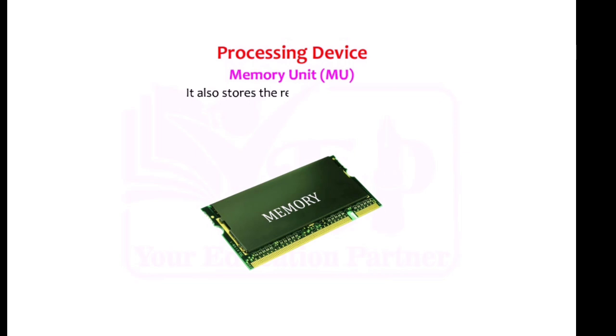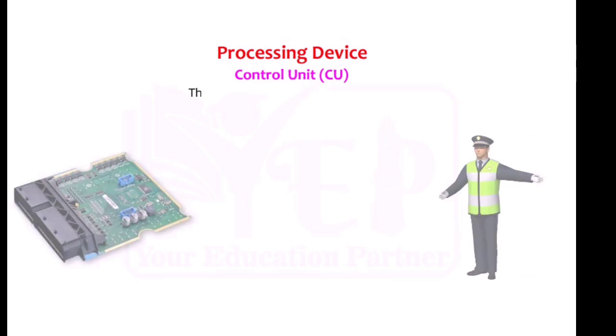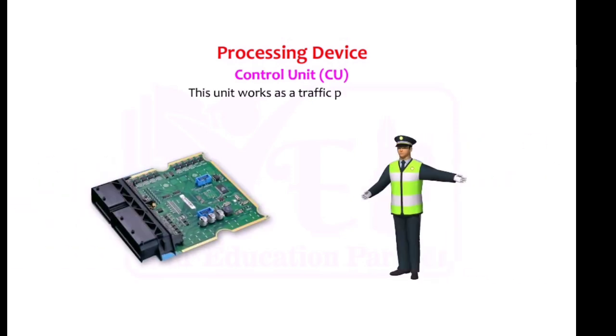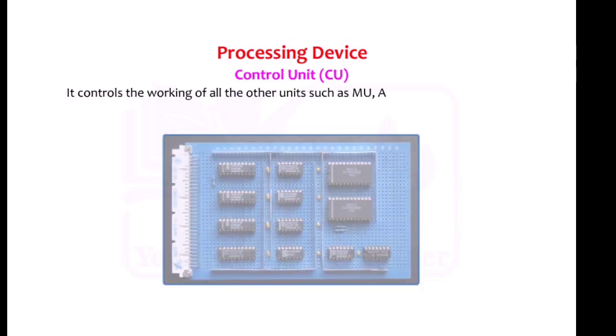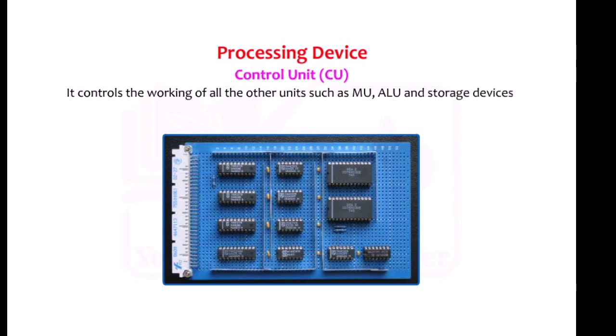It also stores the results of processing. Control Unit (CU). This unit works as a traffic policeman. It controls the working of all the other units such as MU, ALU, and storage devices.